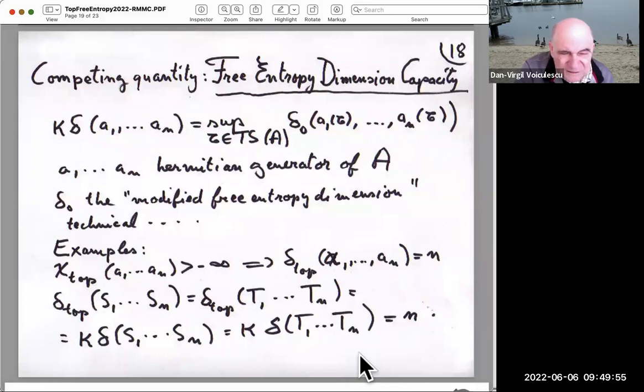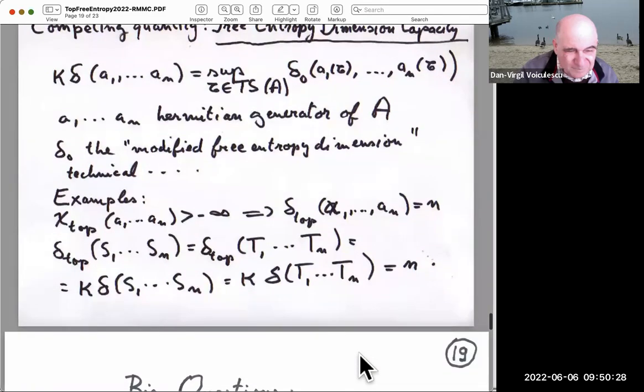And for the n-tuples I discussed before, namely for the semicircular n-tuple, or for the universal n-tuple of self-adjoint contractions T1, ..., Tn, the topological free entropy dimensions are equal, and they are equal with their free entropy dimension capacities.